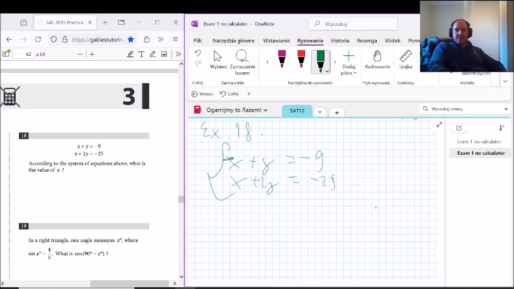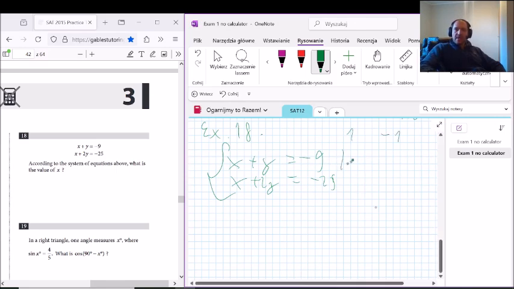The coefficients: x has 1, y has 1 in this first equation. In the second, for x it's 1, for y it's 2. So opposite numbers are, for example, 1 and minus 1.